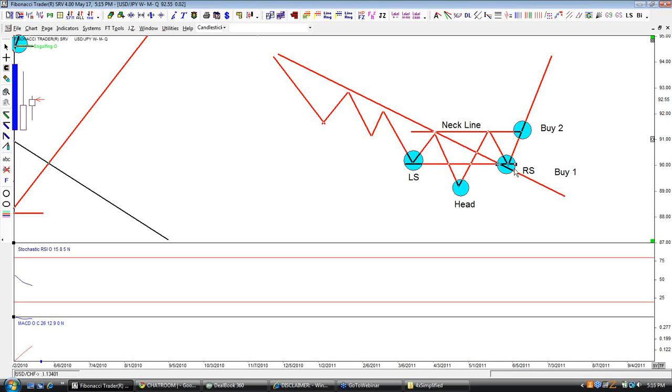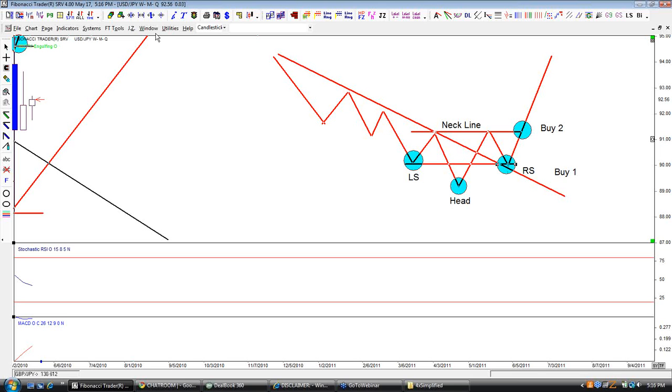Here is where we enter the market. Some traders will enter the market when price breaks the neckline. Both those strategies are good, valid. I can't say which one's better. I prefer entering at the right shoulder, personally.